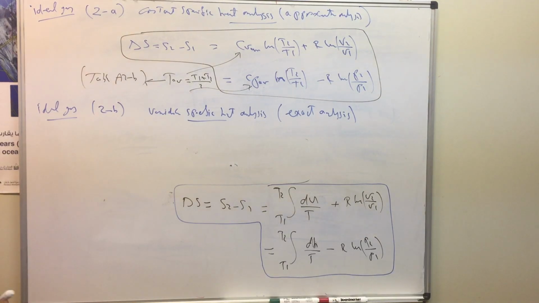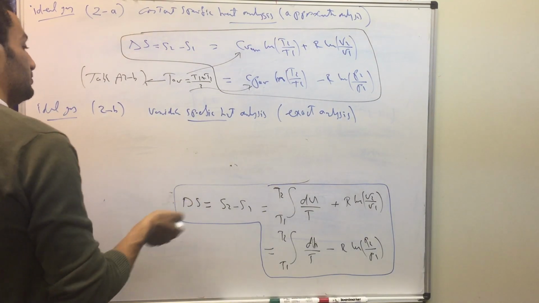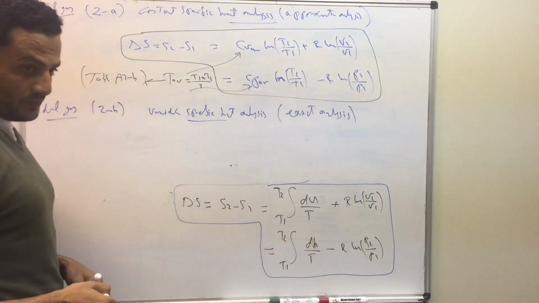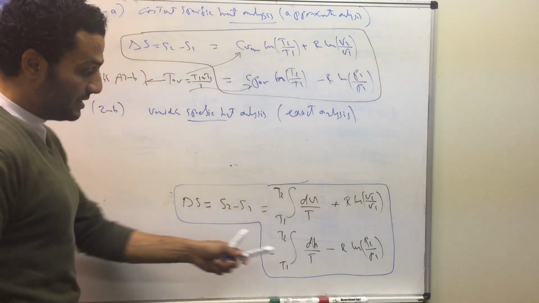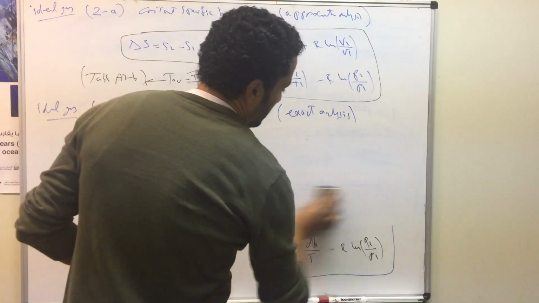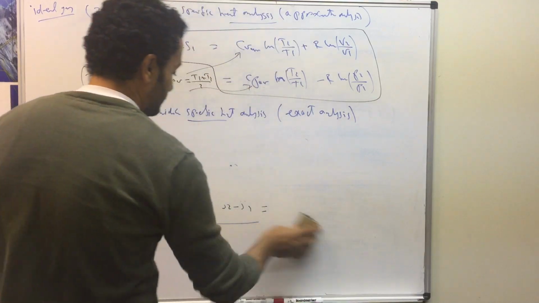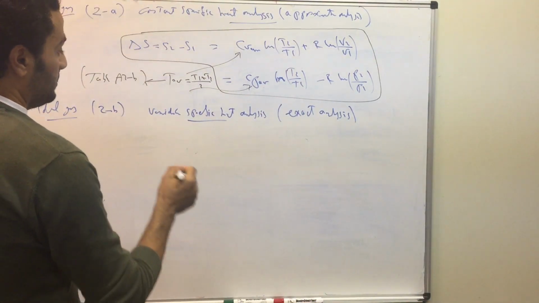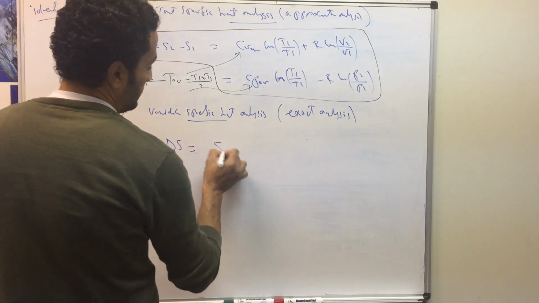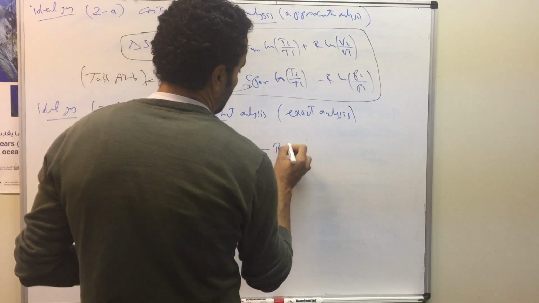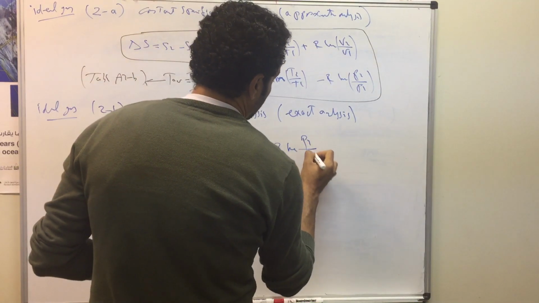C_v is a function of temperature, so we have to integrate C_v of T dT over T. And also like this for C_p. But in this case they have already done the first integration, and they came up with the relation delta S will equal s naught 2 minus s naught 1 minus R ln P2 over P1.